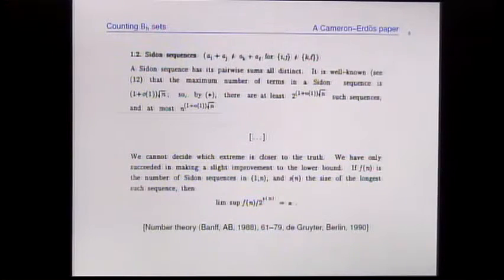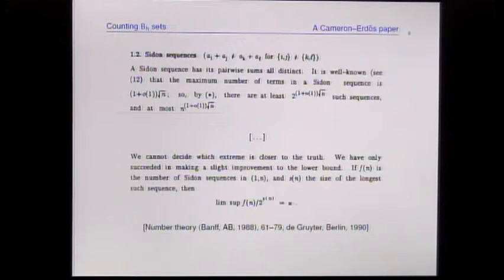So they talk then about Sidon sets. For Sidon sets, we know that the size is root n. So the number of Sidon sets is between 2 to the root n and n to the root n, with 1 plus little o(1) in the exponent. And here they thought a little bit about this, and they could prove that in the case of Sidon sets, the lower bound is actually not quite right.